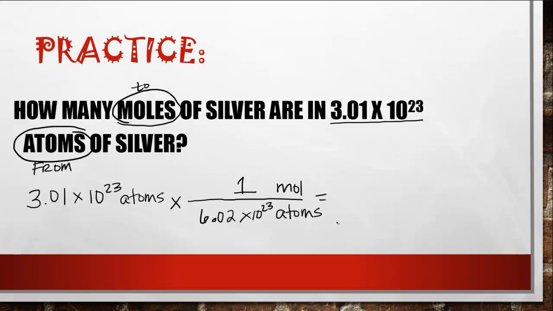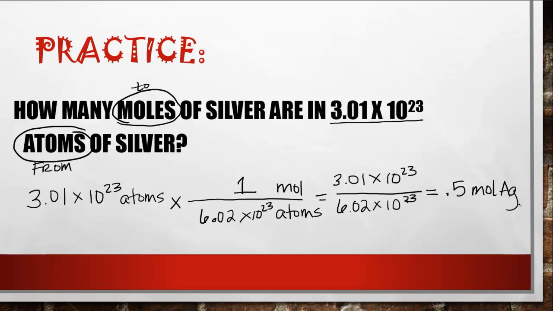And then I'm going to do the math. So I have 3.01 times 10 to the 23rd. I'm going to divide it by 6.02 times 10 to the 23rd. And I'm going to get an answer of 0.5 moles of silver, which is Ag.